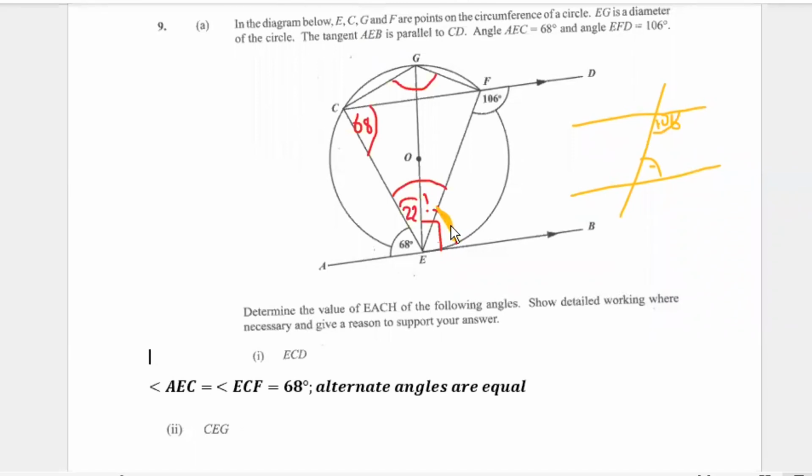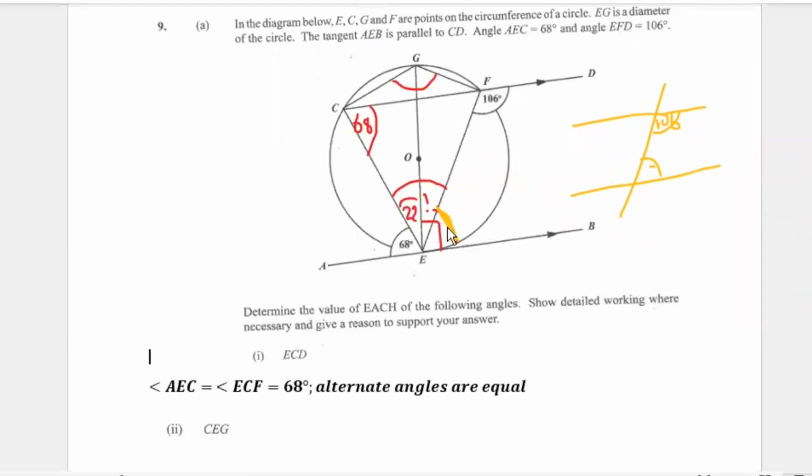Remember, internal angles. 68. No. Go again, Zay, check that again. You're close, but I think you made a typo. 74, very good.